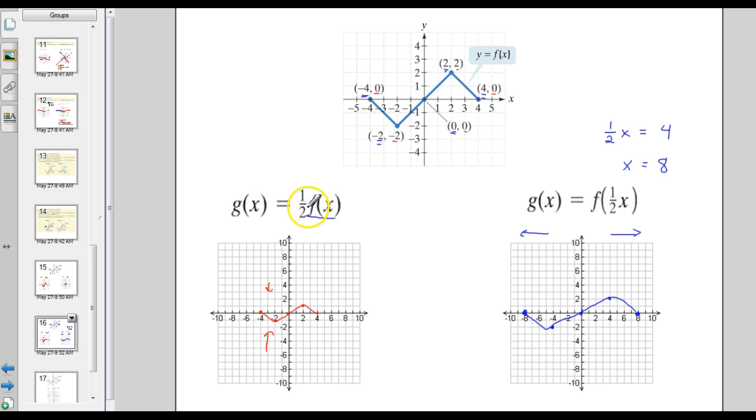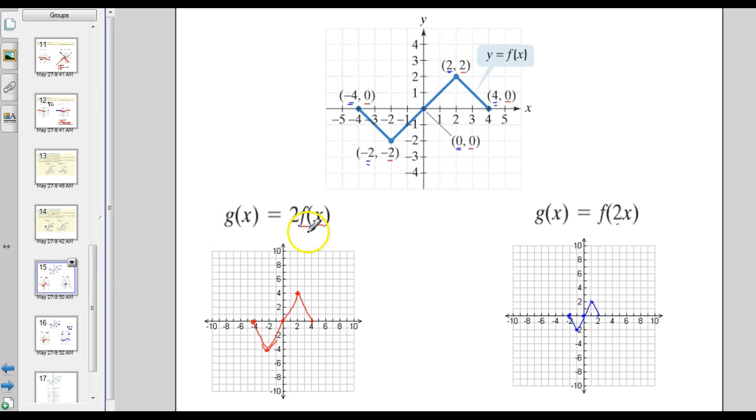Okay, here you're just taking half the y-coordinates. That means 1/2. Remember, f of x means y. But here, it's kind of like you're having to solve for the new x-coordinates to know where these points are going to go. Okay, so just remember, half multiplied by the x or whatever the input is before the function name, that's going to go out, away from the y-axis.